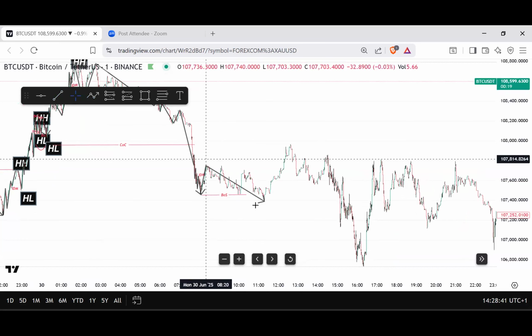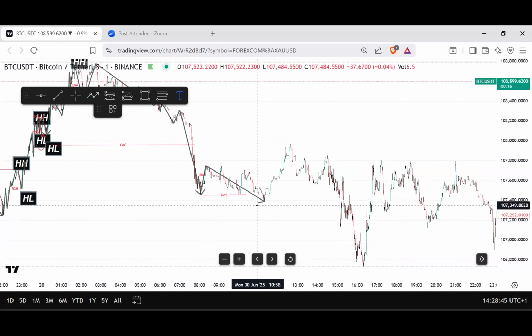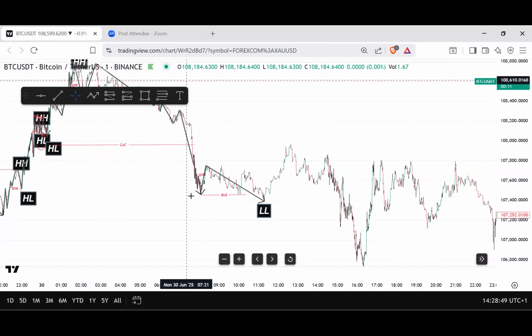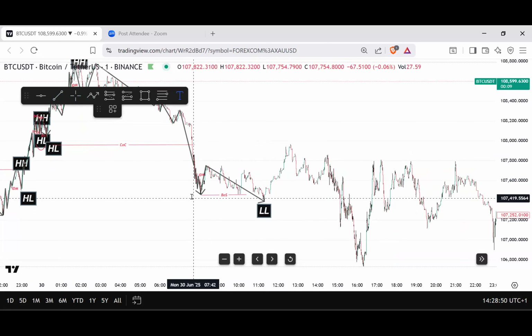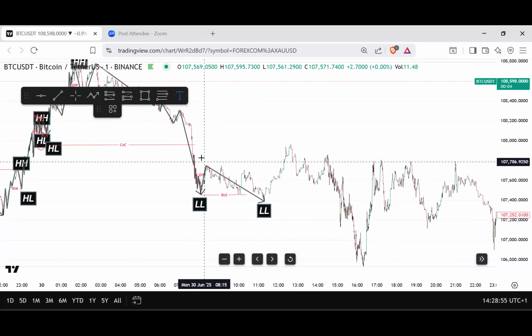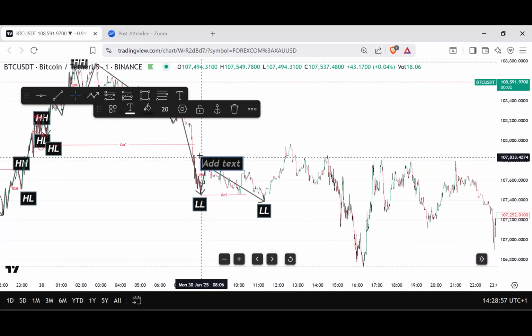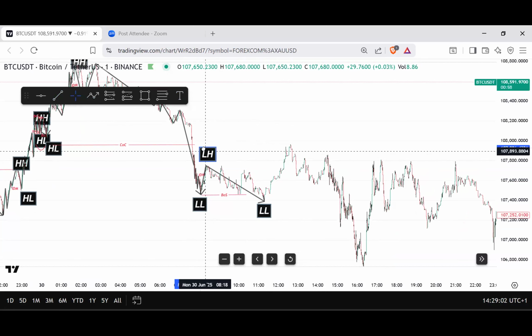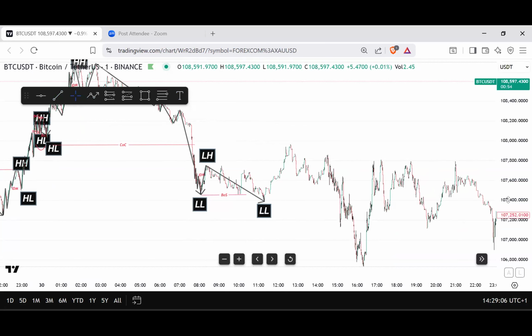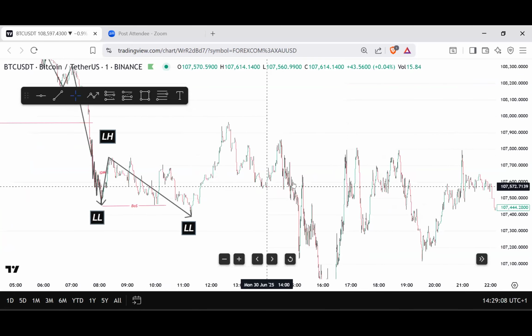So this is a lower low now. This is also a lower low. Yeah, that's a lower low. I actually follow the numbers, but if you follow the numbers, there will be no confusion.